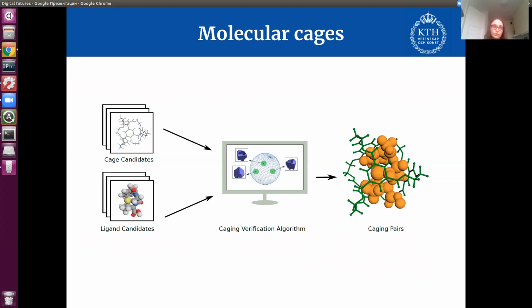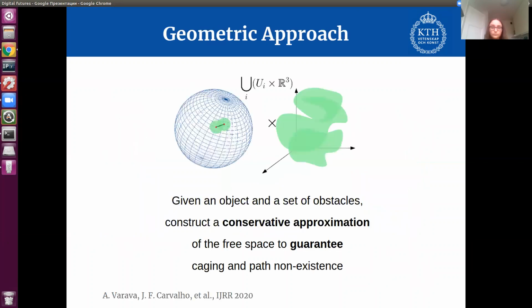We have shown in our work that this problem and the problem of cage and path non-existence are mathematically equivalent. So we can use the same algorithms that we developed to solve both of these problems. Here, it's quite an old work, so we have taken a purely mathematically inspired approach. There was no machine learning component yet.